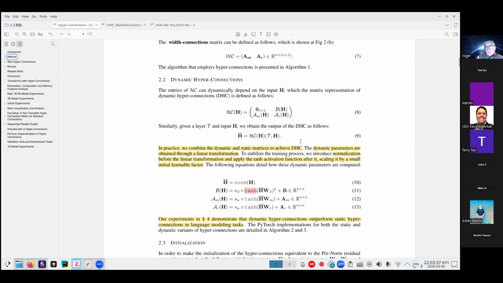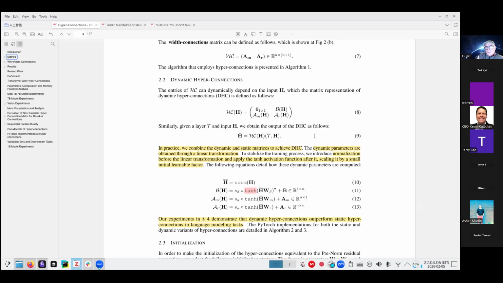Hey, Terry, can I make a quick comment here? Yeah. So rather than doing this hyperconnection stuff, a very simple thing you could do is just increase your residual stream from 1,000 to 4,000. It is a viable option and it would actually work. It would give you a model that is stronger than the base model with 1,000.